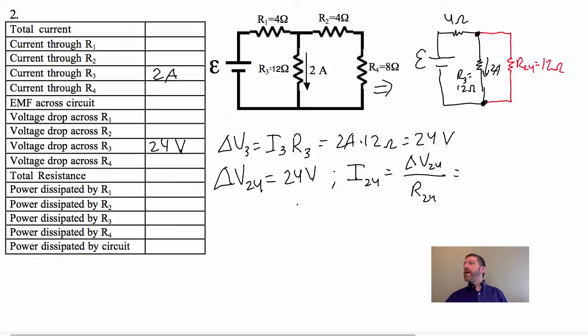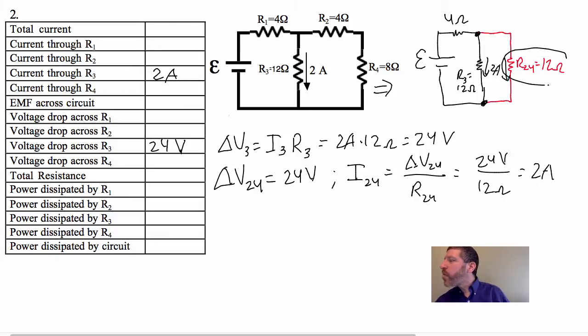Notice that the subscripts always agree with each other. That is 24 volts divided by the equivalent resistance of 12 ohms, which is 2 amperes. Well, hey, we could have figured that out conceptually. It's got to be 2 amperes through here as well because it's completely symmetric, and the voltage drop is the same across both.